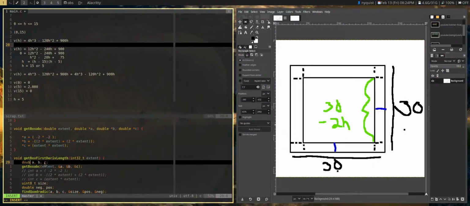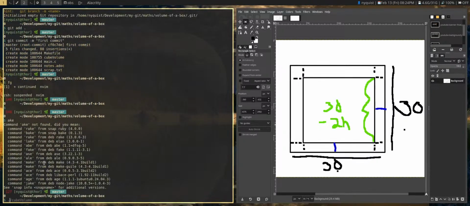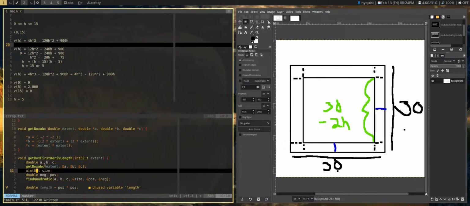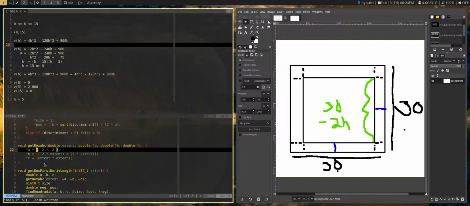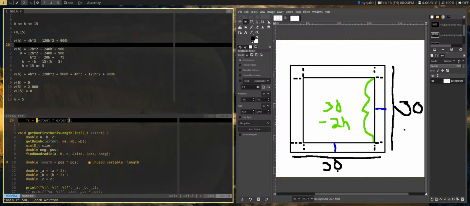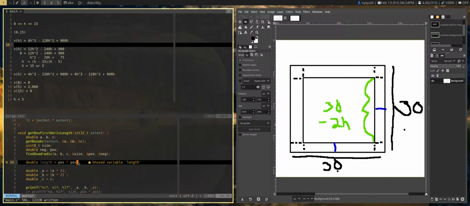See if I did that right. Yep. All right. So now we broke things down into smaller functions here, and it's getting a little bit more confusing. I'll be right back.